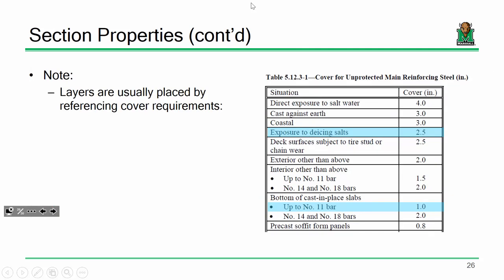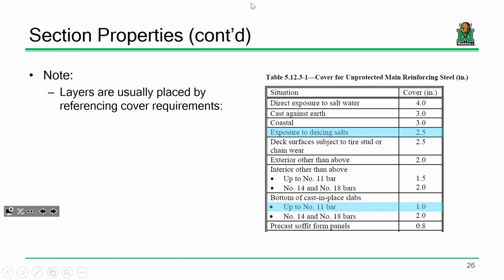Now, top and bottom, that's a little vague. So what do I mean by top and bottom? I'm talking about cover requirements. So on the top, let's say we're talking about a bridge here in West Virginia. If you've been here during the winter, you know that we like to put a lot of salt on the roads. So any surface that is subjected to exposure to de-icing salts, we got to have a cover of at least 2.5 inches.